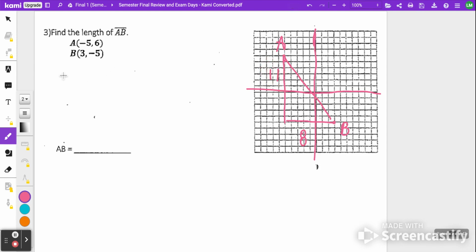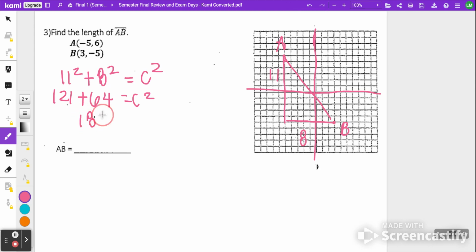So if you wanted to, you could do 11 squared plus 8 squared is equal to, we don't know what C squared is. This is going to be 121 plus 64 is equal to C squared. Then we can just take 121 and add 64 to that.